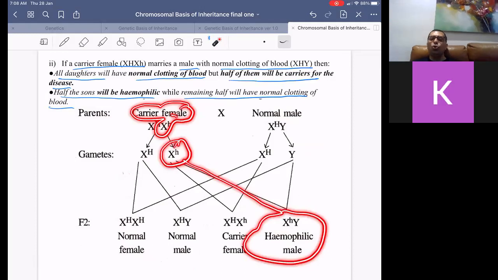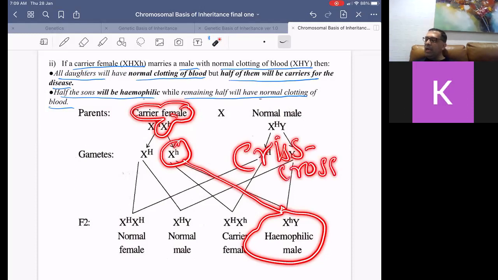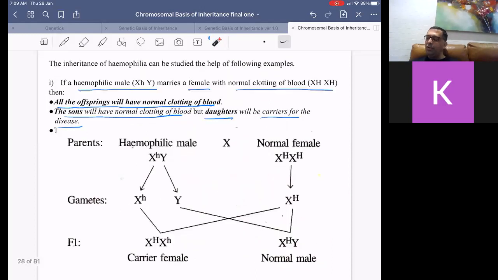So, this is also an example of crisscross inheritance. So, how do X-linked diseases pass?